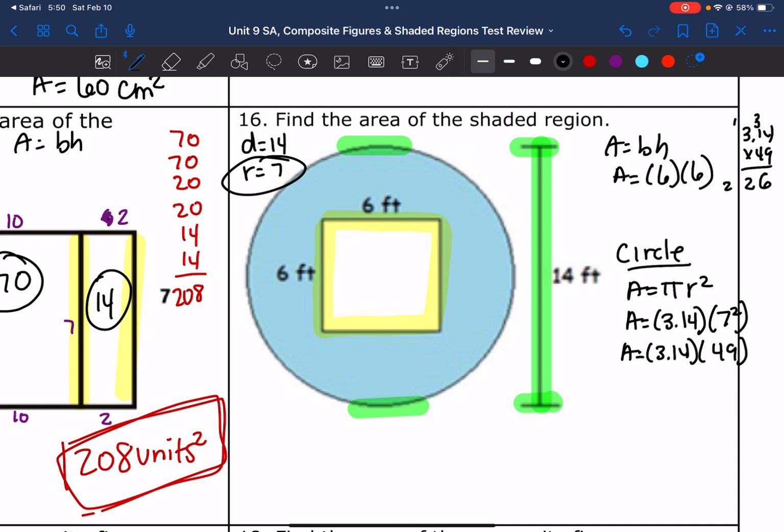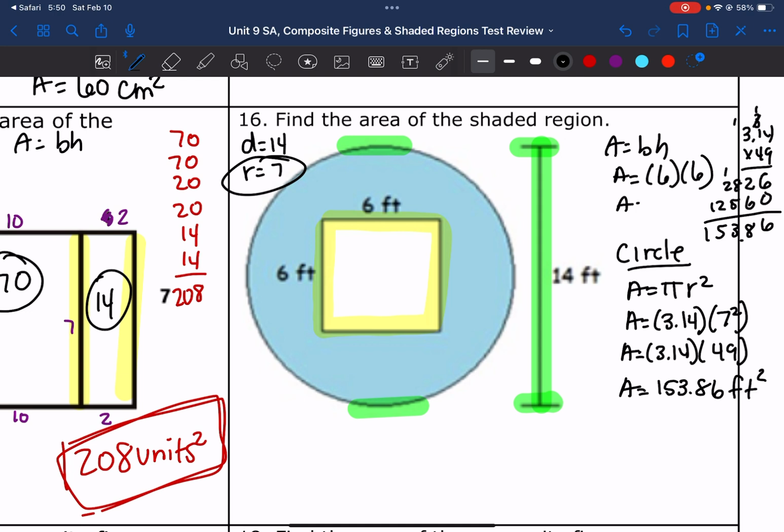Plus 1 is 28. 4 times 4 is 16. 4 times 1 is 4, plus 1 is 5. 4 times 3 is 12. We add that, we get 6 here. 6, 7, 8. 8 plus 5 is 13. 5, we get 153.86. Okay, that is the area of the circle, and it would be feet squared.